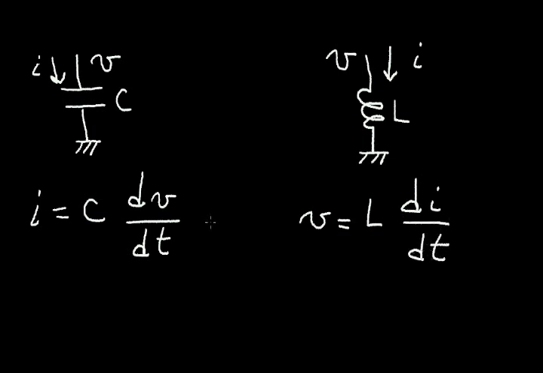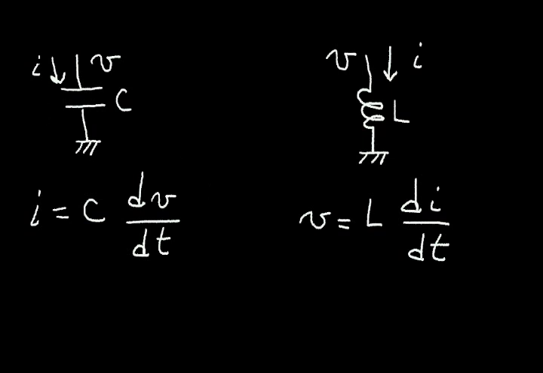Notice that the formulas between the capacitor and the inductor are similar. This quantity C is replaced with the quantity L for the inductor, and the voltage and current are reversed for the capacitor and for the inductor.